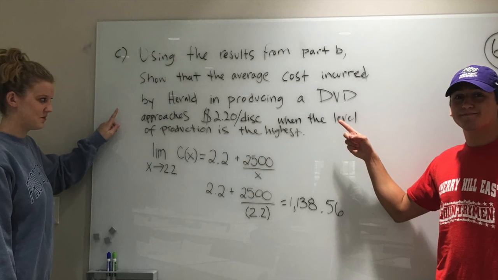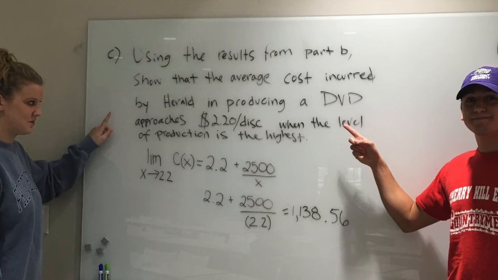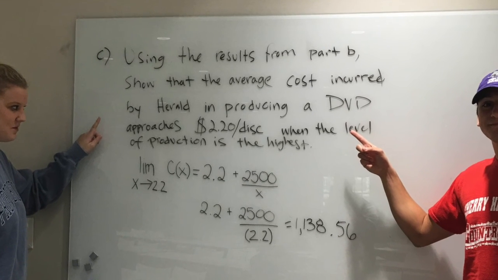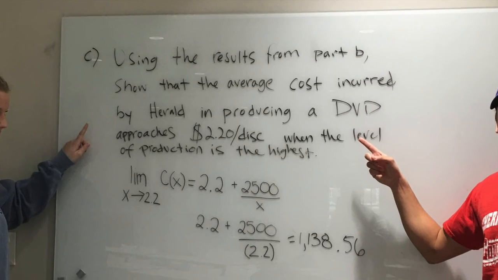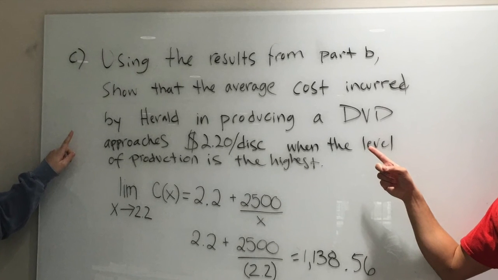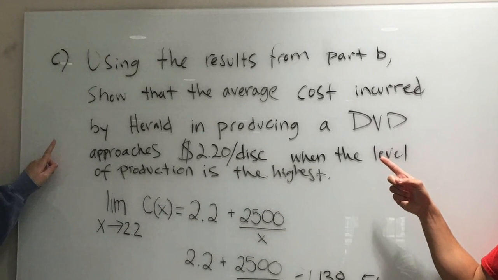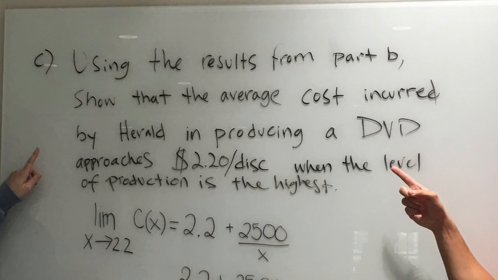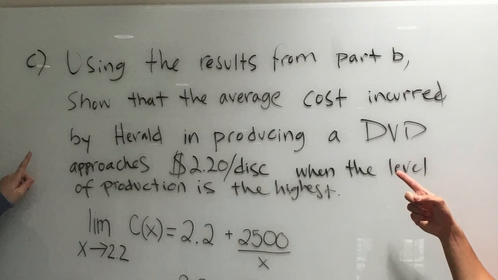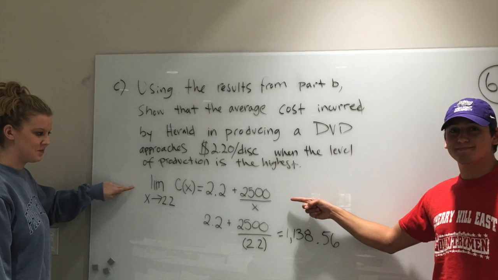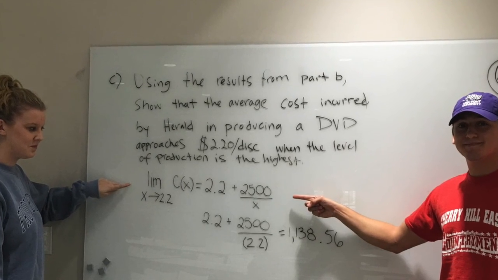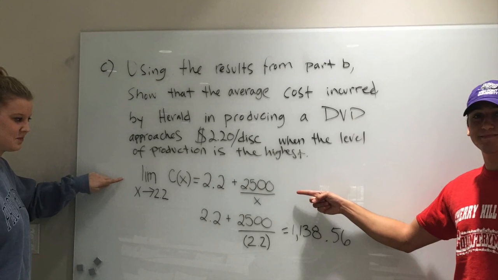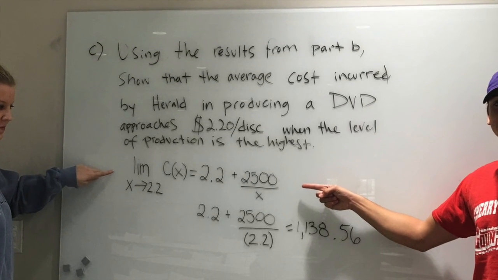So here's a quick little recap of part C. First, we need to find out what exactly we're going to look for. So we show that the average cost incurred by Herald in producing a DVD approaches $2.20 a disc when the level of production is the highest. So when we see that something approaches a number, then that's our automatic hint that it could be a limit.